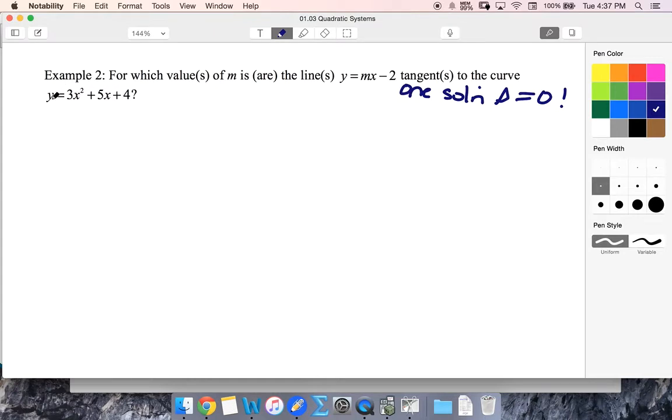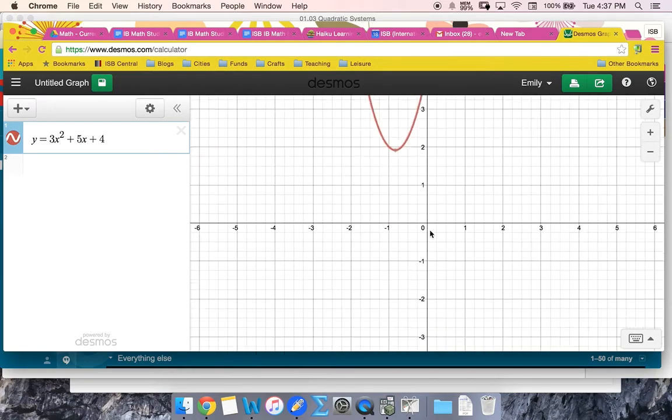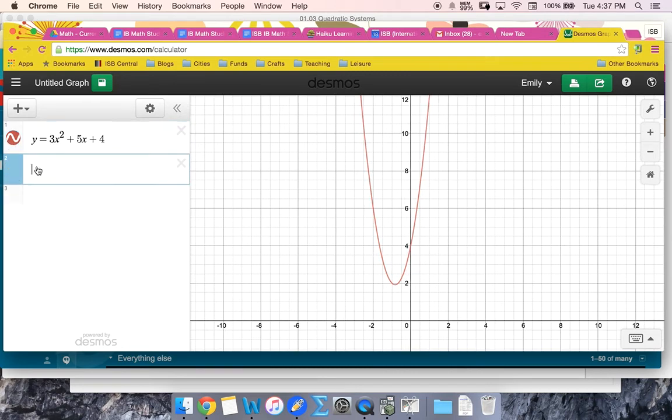So we've got this 3x squared plus 5x plus 4. I'm going to look at that in Desmos. And I've already put that in, 3x squared plus 5x plus 4. So let me move this down a bit. And now we're going to put in a line, y equals mx minus 2.